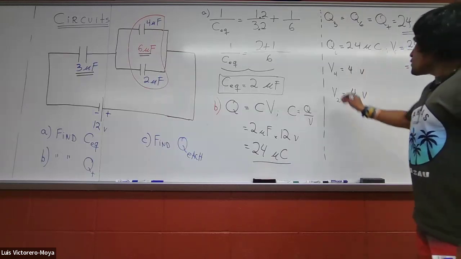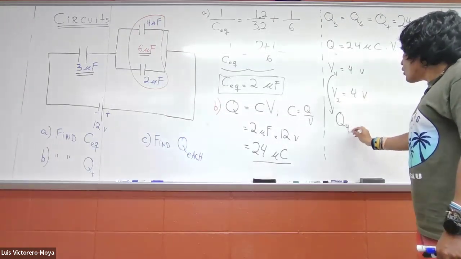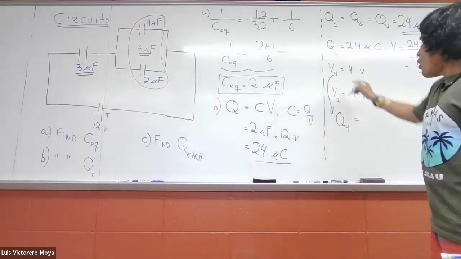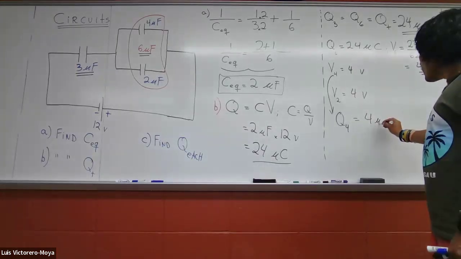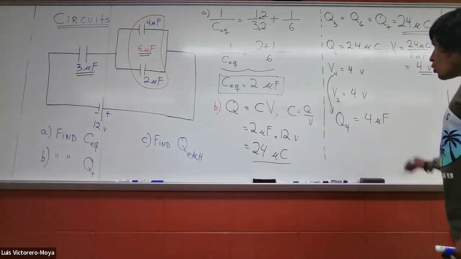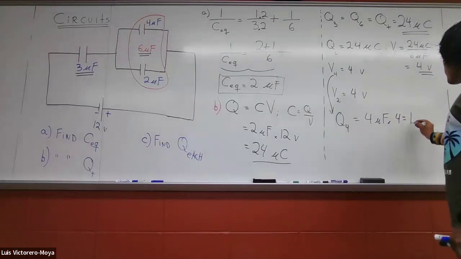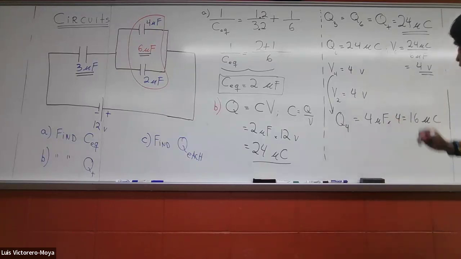Perfect. So now the charge on 4 is equal to the capacitance, 4 microfarads, multiplied by the voltage, 4 volts: 16 microcoulombs.